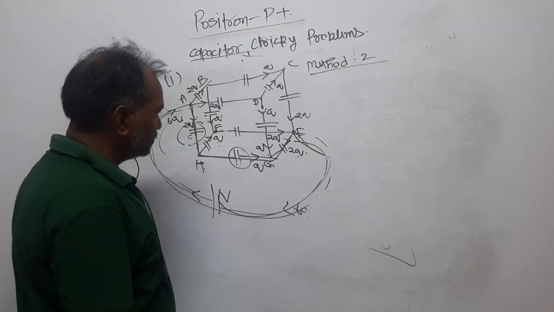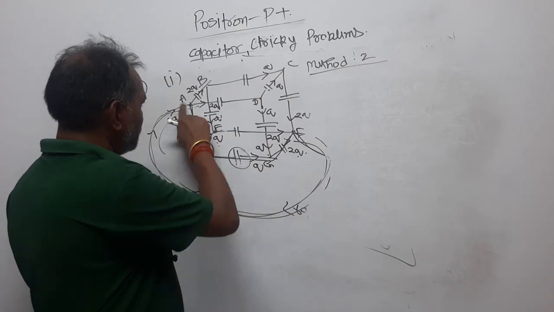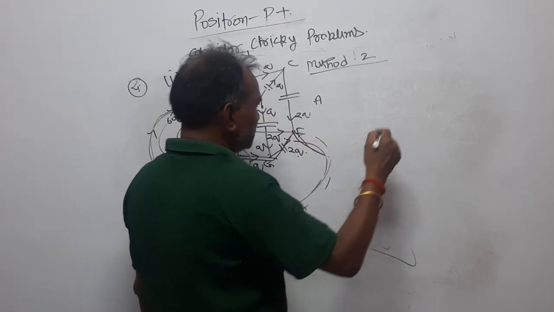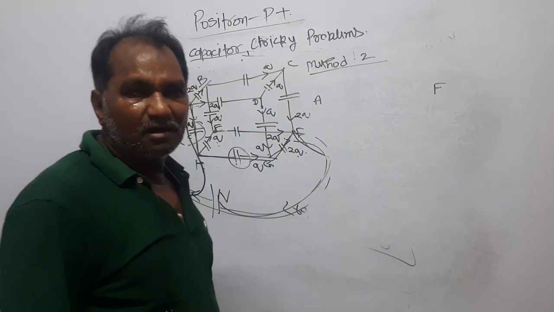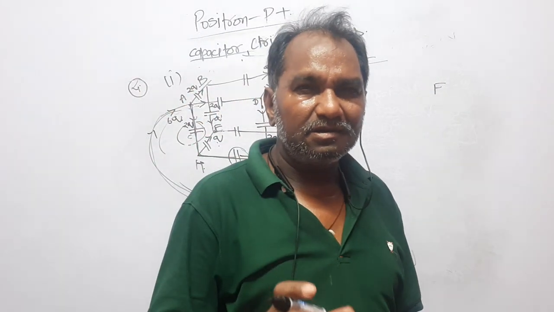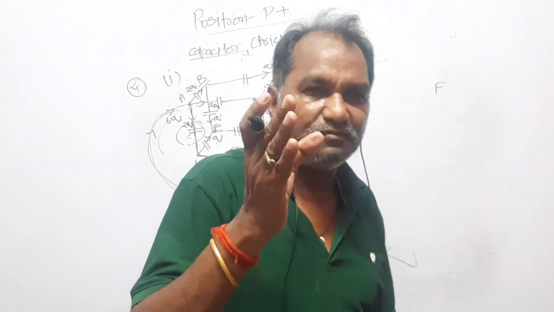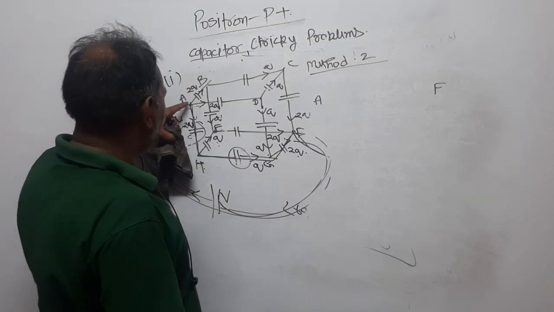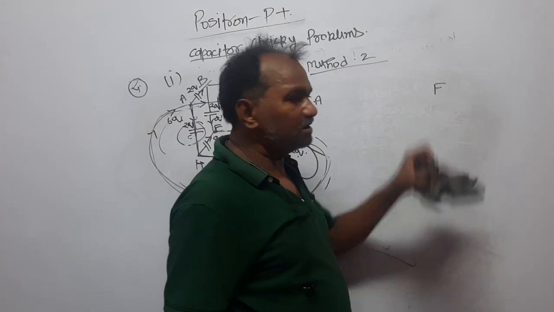What we have to do, it is E, F, G, H. We have to find out the equivalent capacitance between A and F, right? First, I have written the names of the terminal points between which we have to find the equivalent capacitance. So we have to find between A and F. So I have written here A and here F.